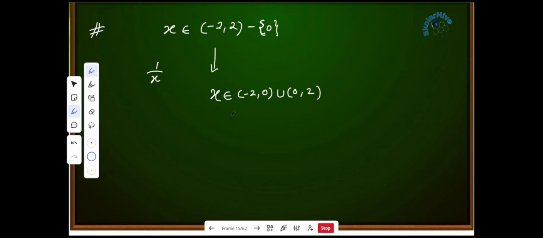Now if we break it down, x belonging from minus 2 to 0 or 0 to 2, so we can write it as x value is less than 0 and greater than minus 2, or we can write it as x value is less than 2 and greater than 0.